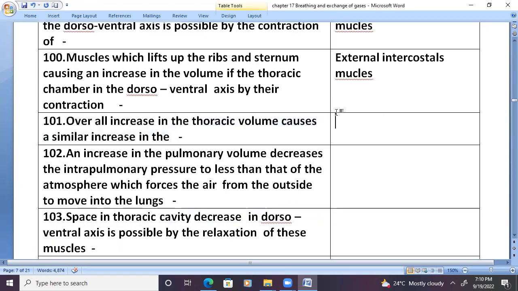Overall increase in the thoracic volume causes a similar increase in pulmonary volume. An increase in the pulmonary volume decreases the intrapulmonary pressure to less than that of the atmosphere, which forces air from outside to move into the lungs, and the process is called inspiration.